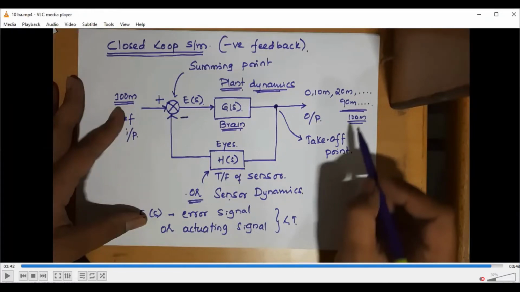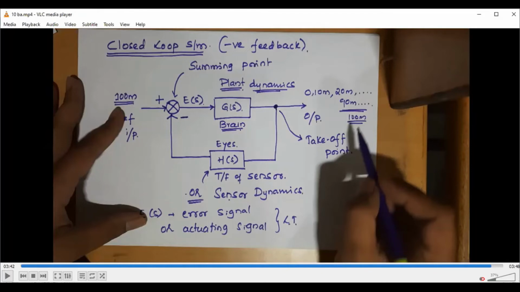Sir, excuse me, sir. You can start with 0, right, sir, instead of 100, and then add on the 10 meters and get to 100. You can start from 0. My reference input is 100 now. See, the target command signal is always some non-zero value, right? So the command value should be non-zero.